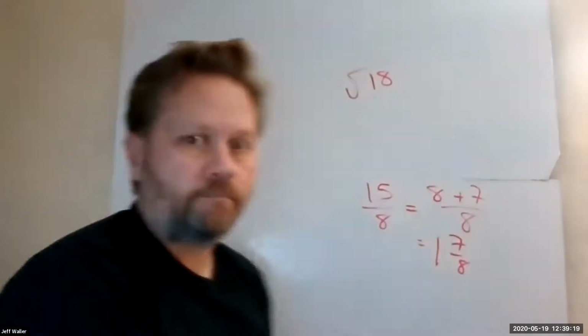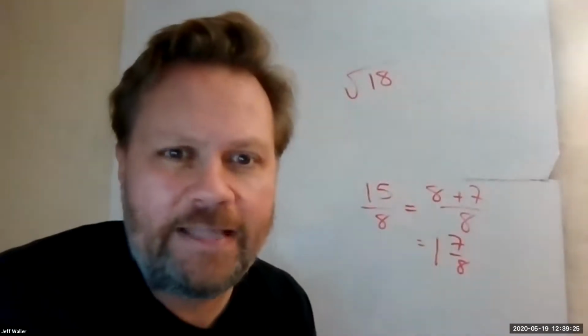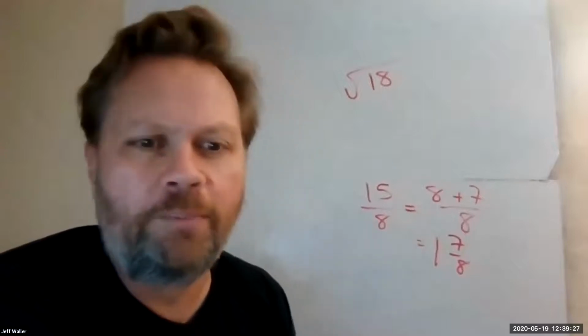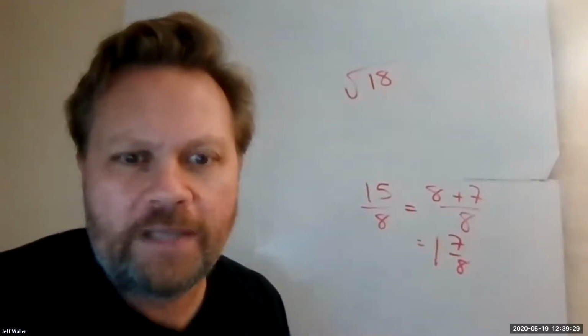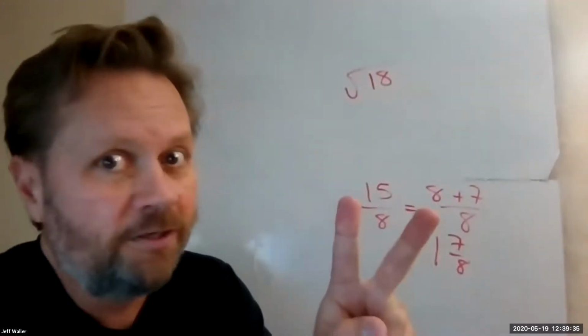So why would we make a whole other symbol for it? So the square root of 18 is something gross, but sort of like 15 divided by 8. Isn't that just under 2? It's like 1 point something or other, because 16 divided by 8 is 2. Are you guys kind of with me? Do you see that? Isn't 16 divided by 8 2?